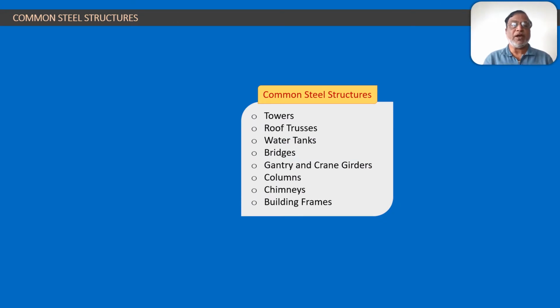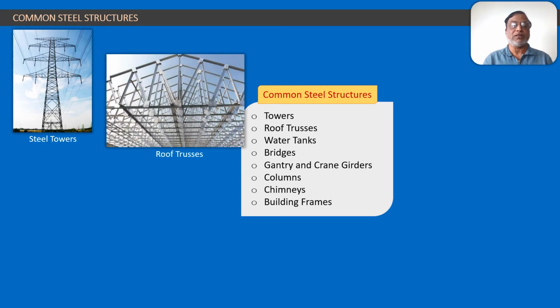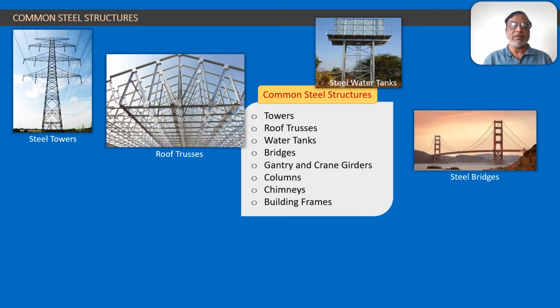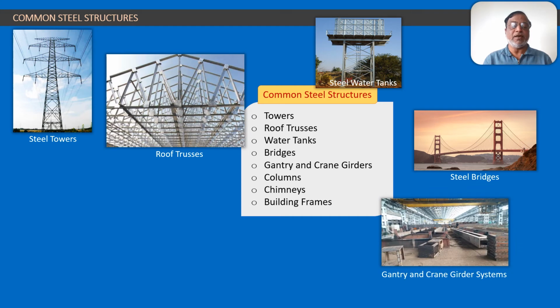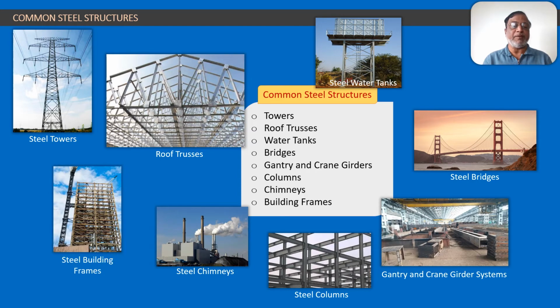So let us have a quick glance at all the structures that we are going to see today. Towers, roof trusses, water tanks, bridges, gantry and crane girder systems, columns, chimneys and building frames made up of steel.